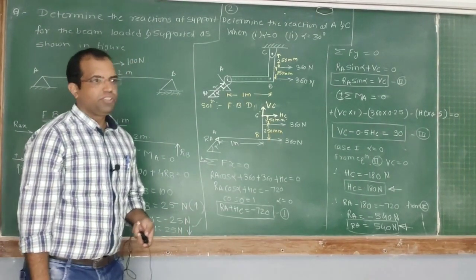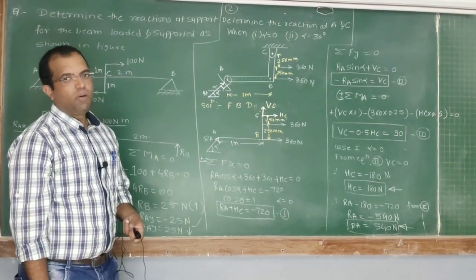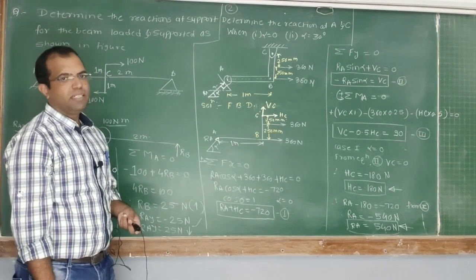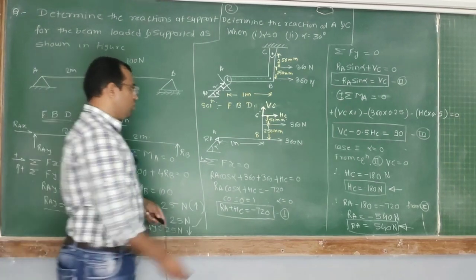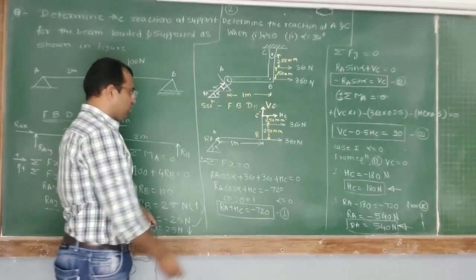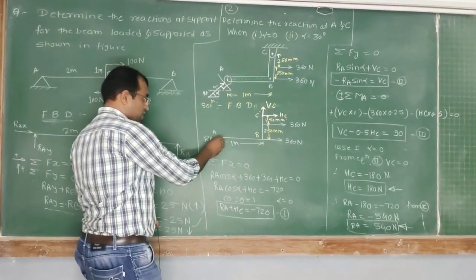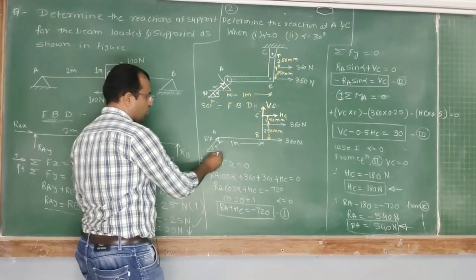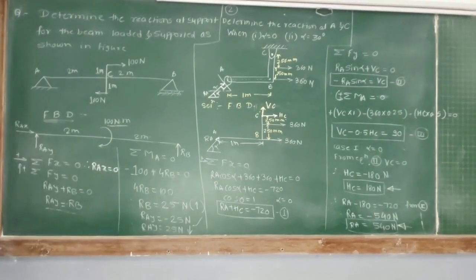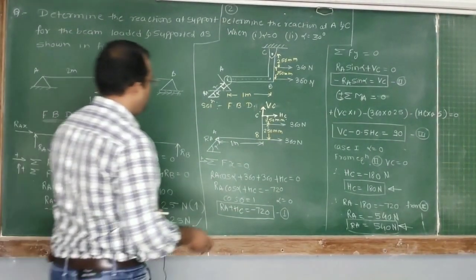What is the first condition of equilibrium? Summation of all forces in horizontal direction is equal to 0. That is summation of Fx is equal to 0. So what is force in x direction? I have to resolve this force into its two components. What are the two components of RA in x direction and in y direction?